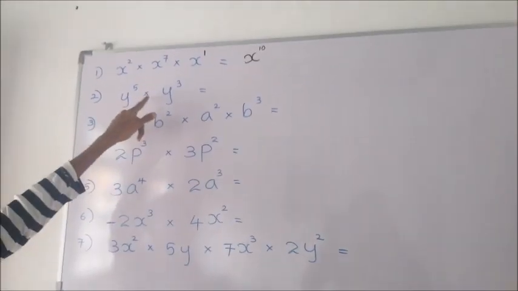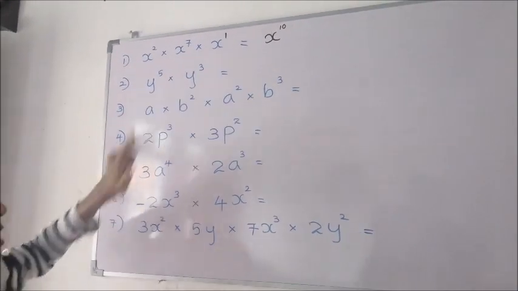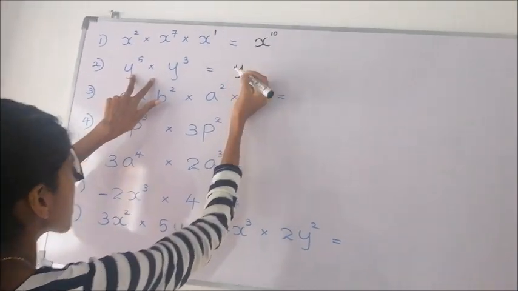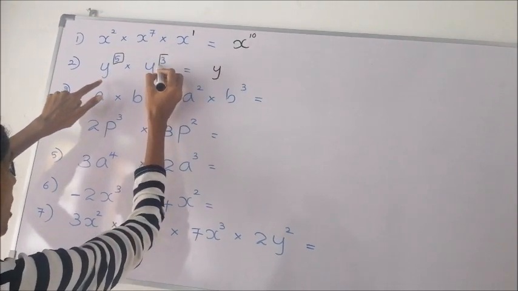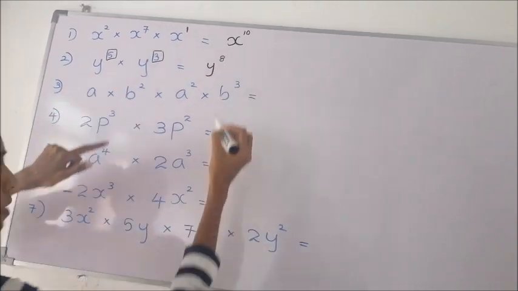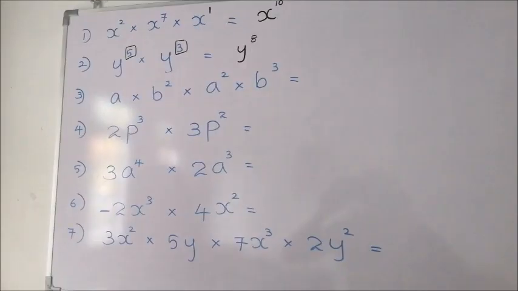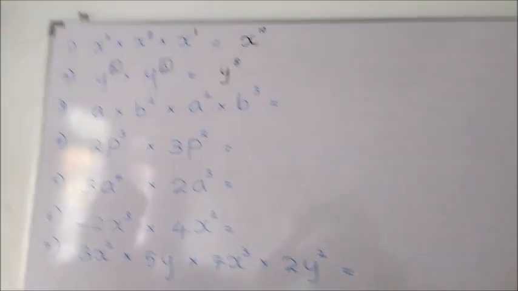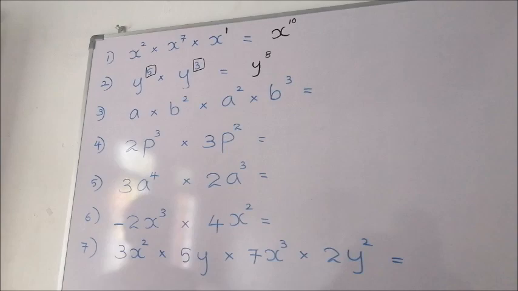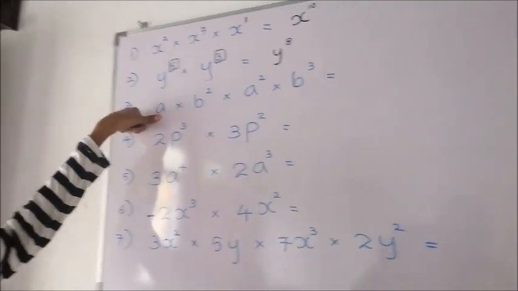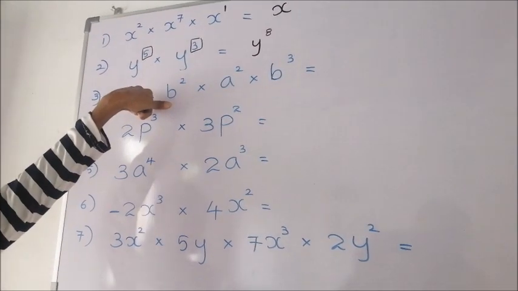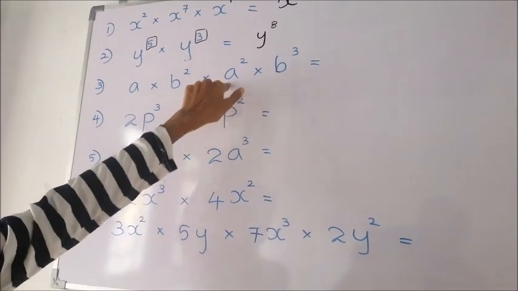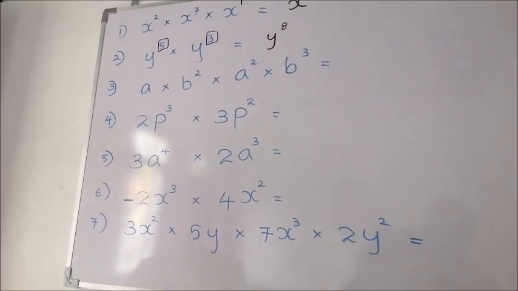Next one, product of two powers. The base is y. The base is the same. We will add the indices there. 5 plus 3 is 8, y to the power 8. In the third question, we can see two different bases. The first one is with base A and the second one is with base B. Here also base A and base B can be seen separately.